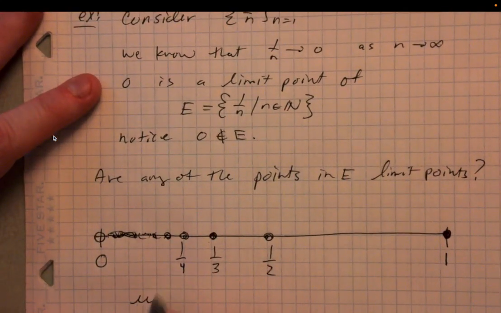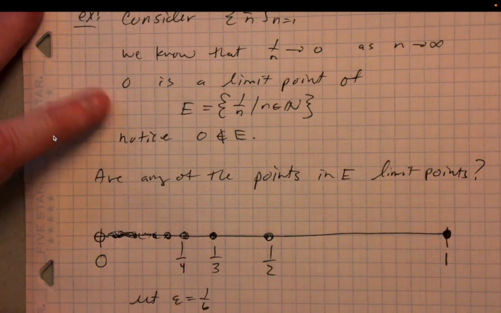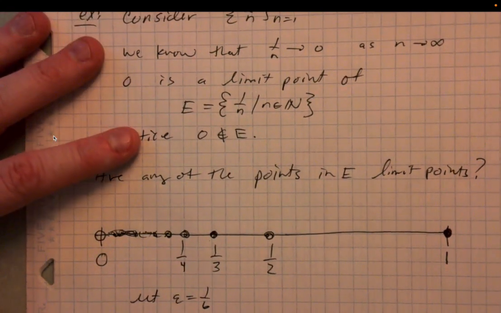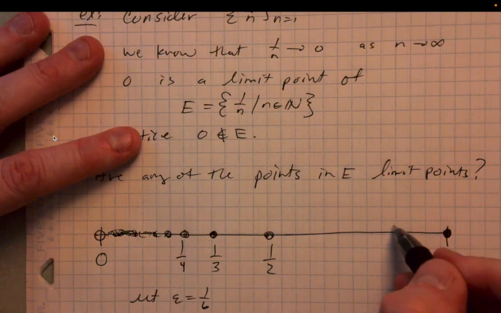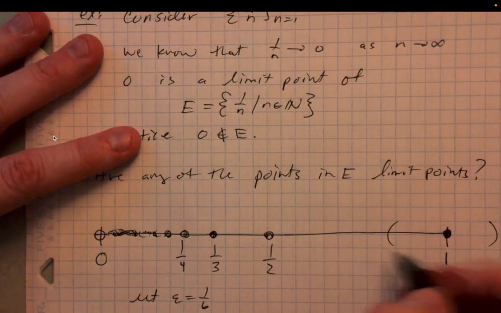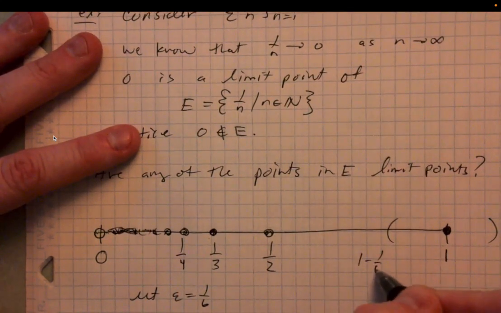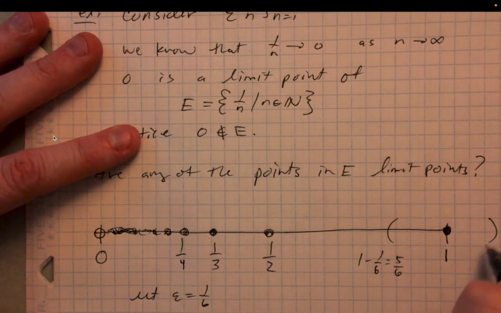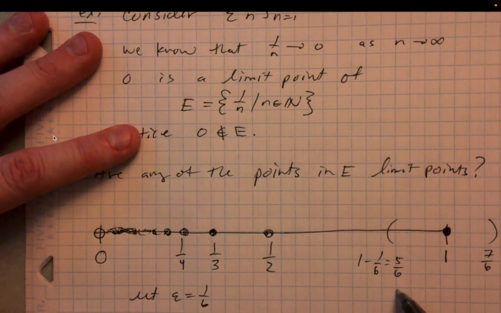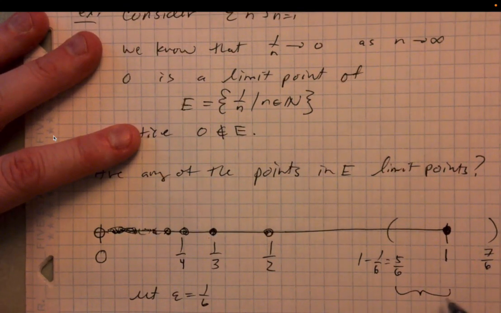I could let epsilon equal 1/6, for example. So this would be 1 minus 1/6, and this would be 1 plus 1/6, so 7/6 up here. The whole thing would be my epsilon neighborhood about 1.